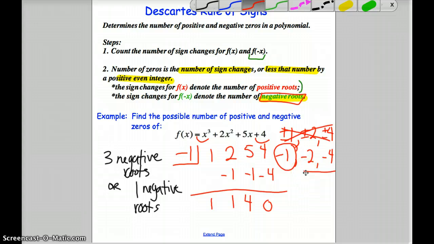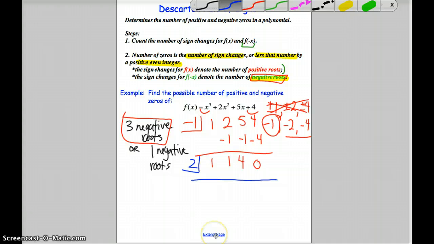If negative 2 works, by Descartes' rule of signs, then negative 4 must work as well, because there must be 3 negative roots that are real numbers. So we won't have any imaginary if negative 2 works. So I only have one more thing to test. So I'm going to test negative 2 using my quotient here. Drop the 1, multiply, negative 2, of course, add.